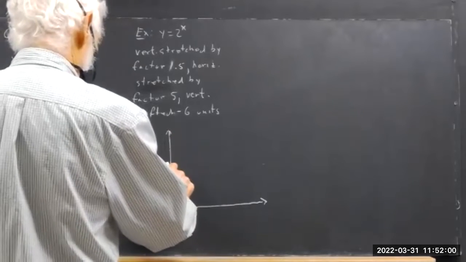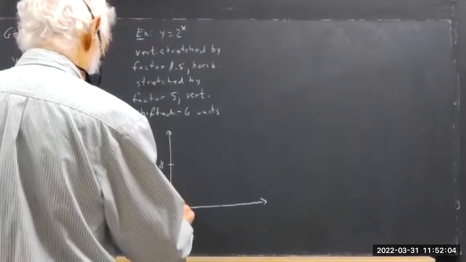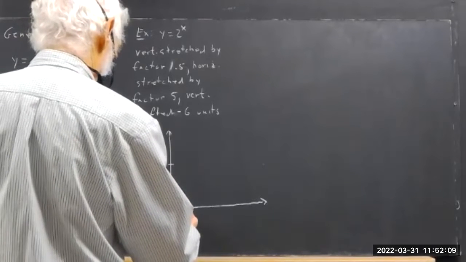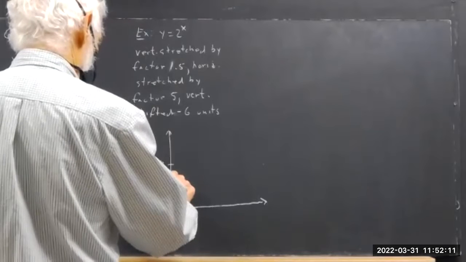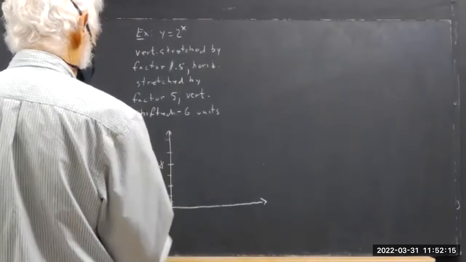So I'm going to put 8 here, 4 here, 2 here, 1 here, 1/2, 1/4 here. And 6 will go here, 10 will go here, and 12 will go here.